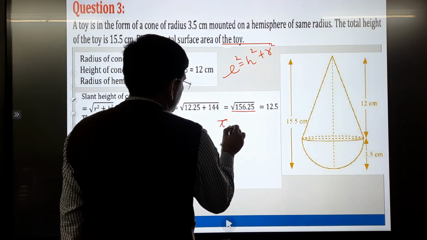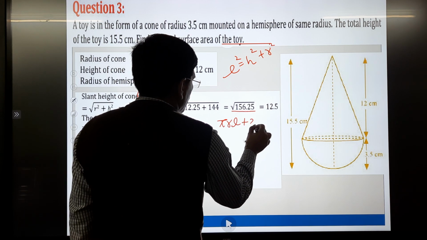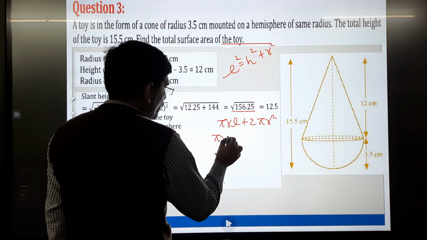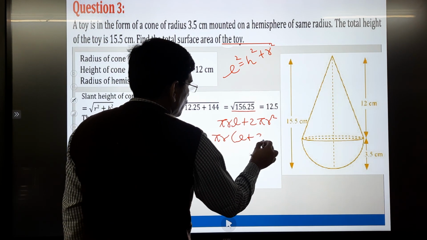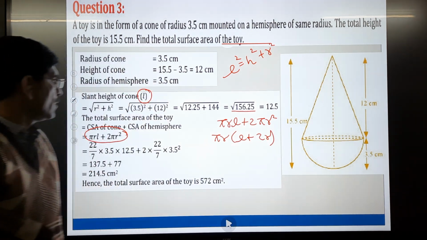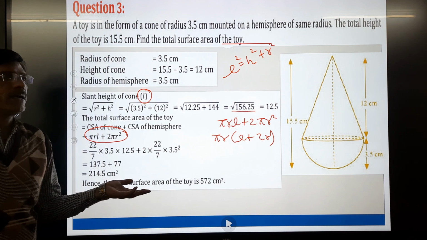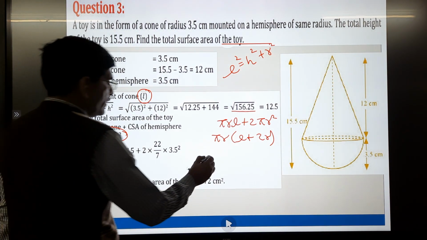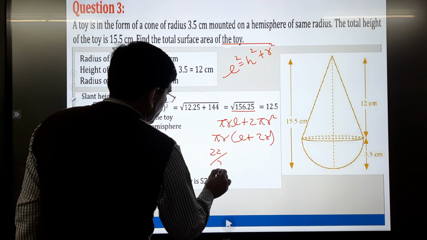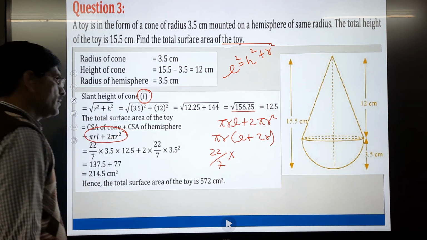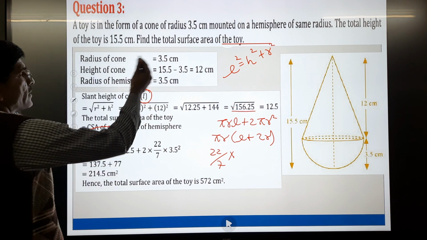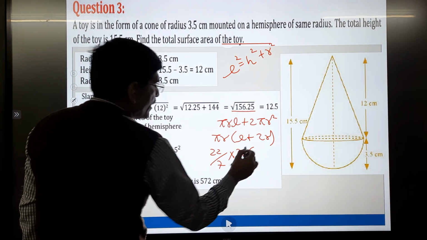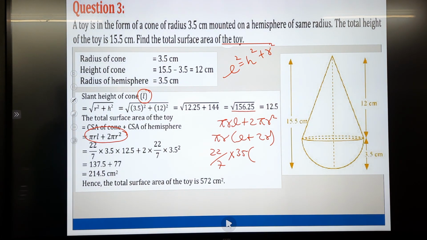So pi RL plus 2 pi R square. Now pi R is common, we can say pi R into (L plus 2R). Now the value of pi is 22 by 7. So 22 by 7 into R, and we already know the value of R, that is 3.5, and in bracket L plus 2R.